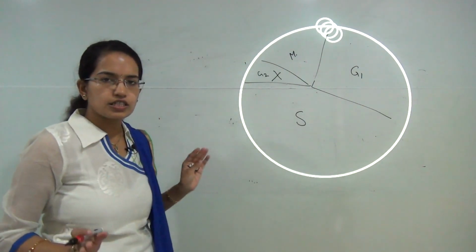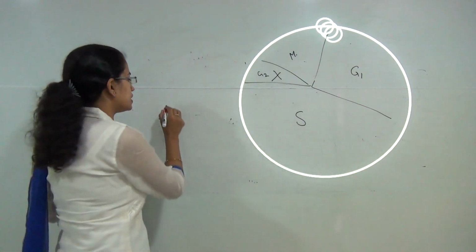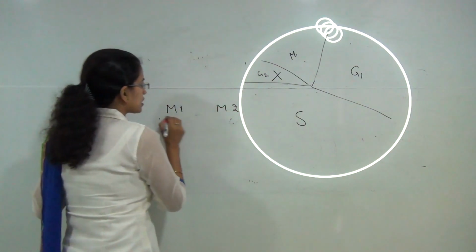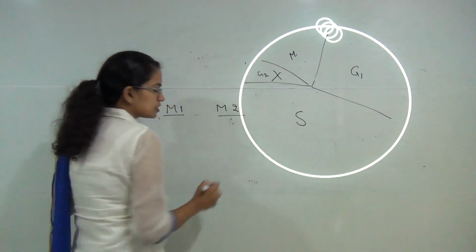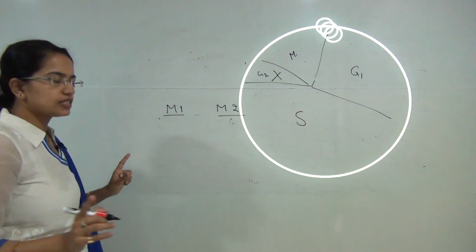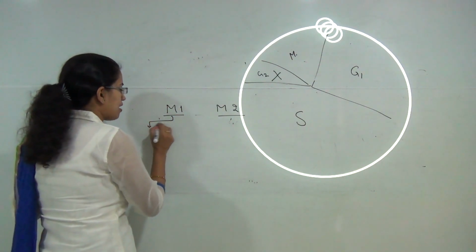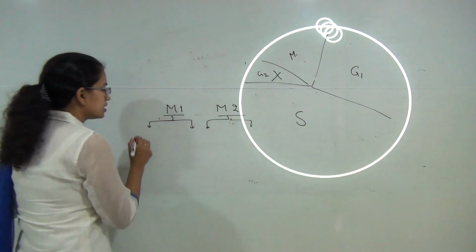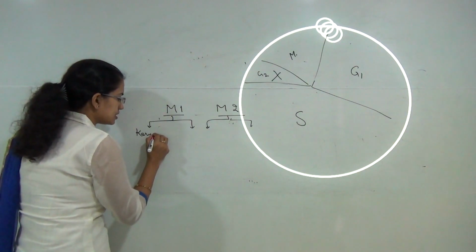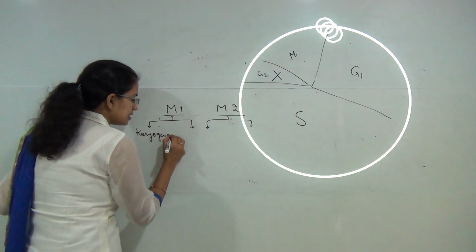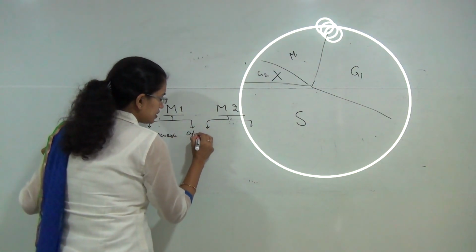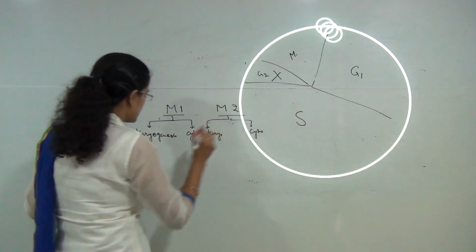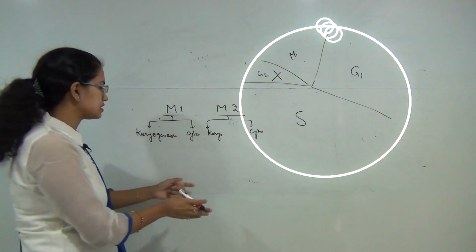Now this meiosis M phase is further divided into M1 and M2, that is meiosis 1 and meiosis 2. Both would independently have their two processes, the same as mitosis, that is karyogenesis and cytogenesis.